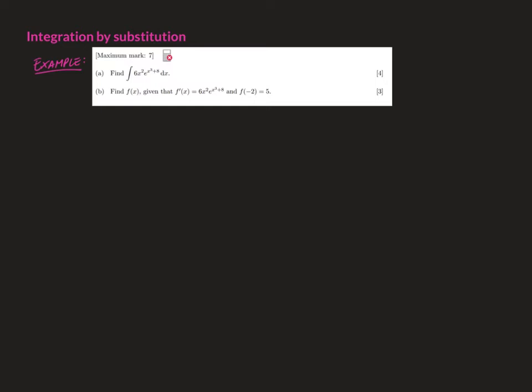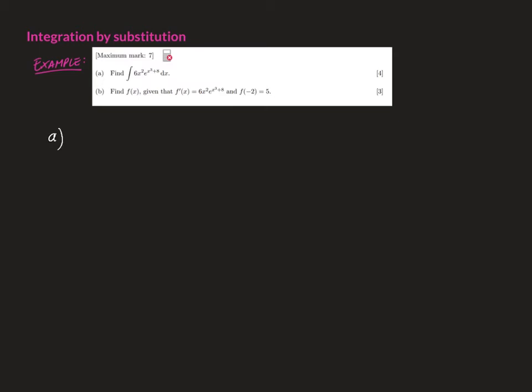So for the first part, we can do the integral with the method of substitution, because we can see that the composition is e to the power of x^3 plus 8, and x squared is part of the derivative of x^3 plus 8. So substitution would be the best chance for us to do this integration.